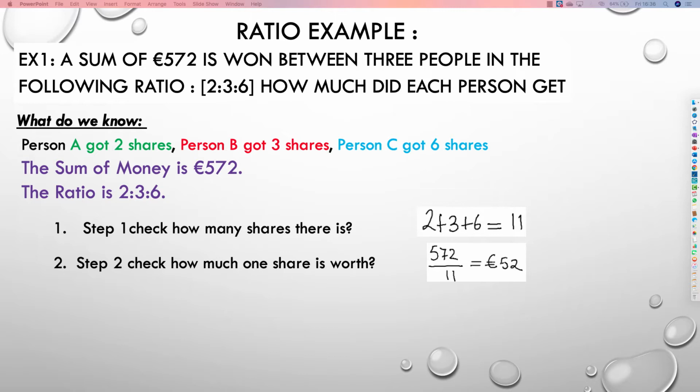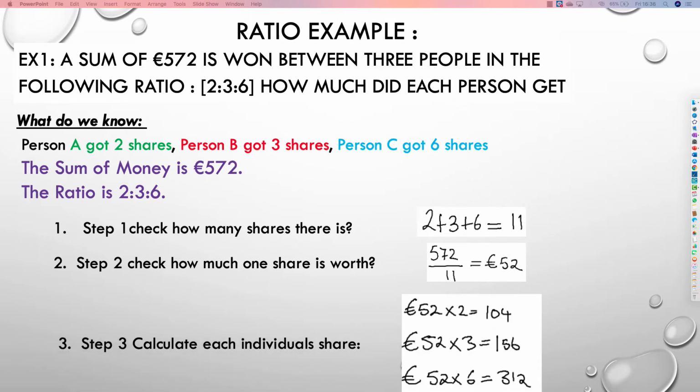How much did each person get then? So, person A got 104, person B got 156, and person C got 312.